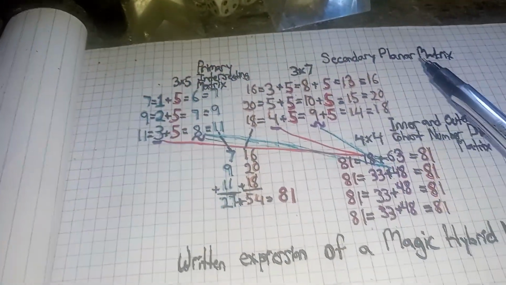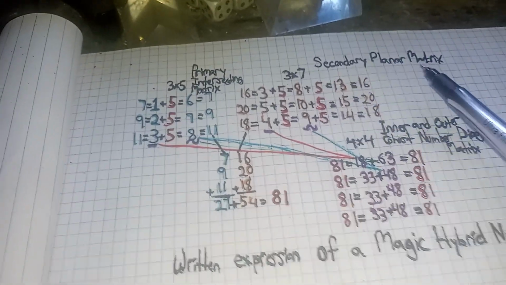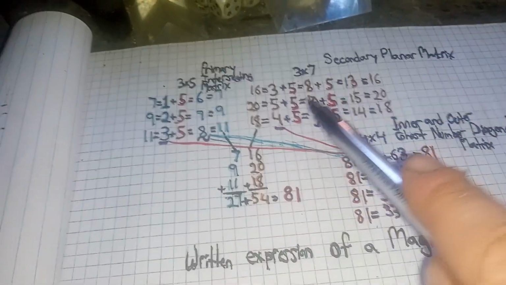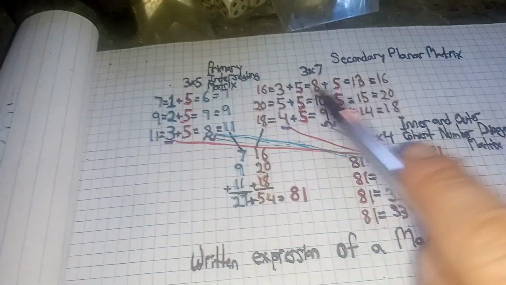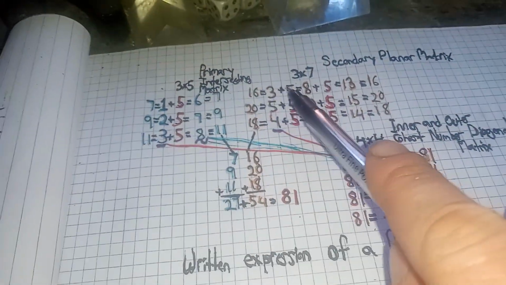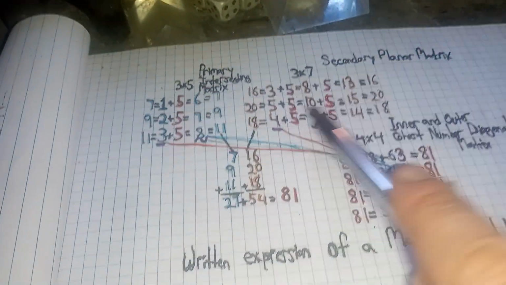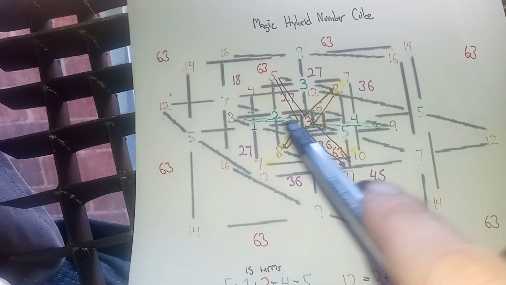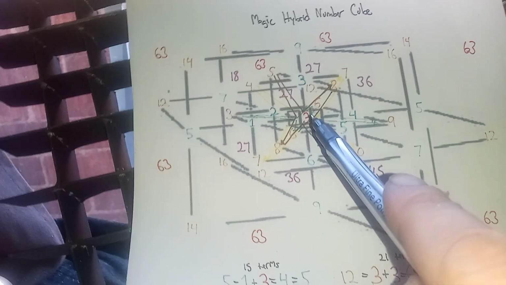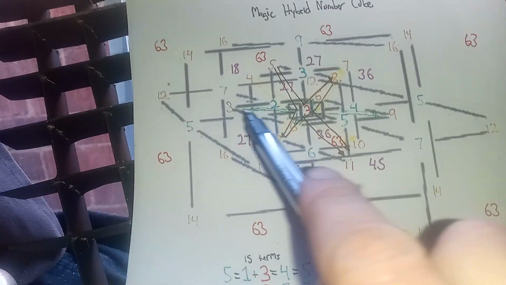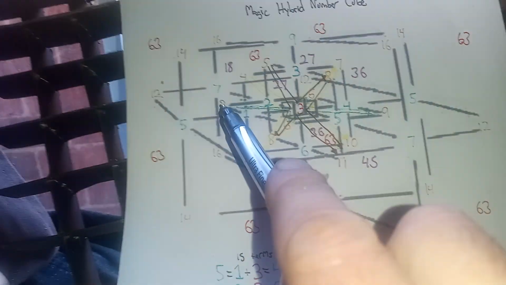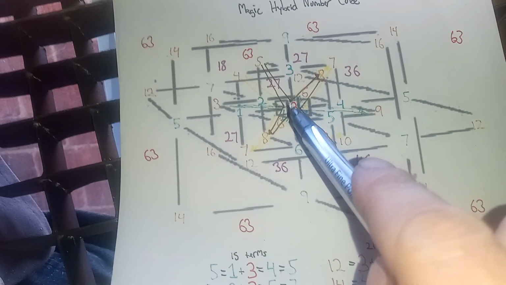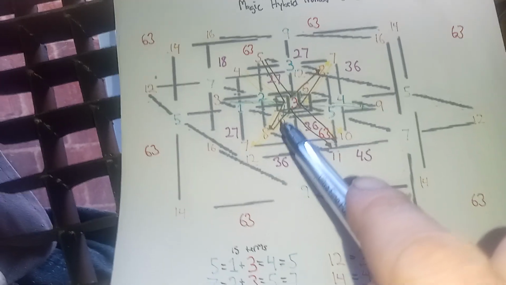To derive the secondary number planar matrix, these are the lines of equations for the secondary numbers in orange, and they don't intersect the central real number. They bounce off, sort of. 3 bouncing off 3 equals 6.